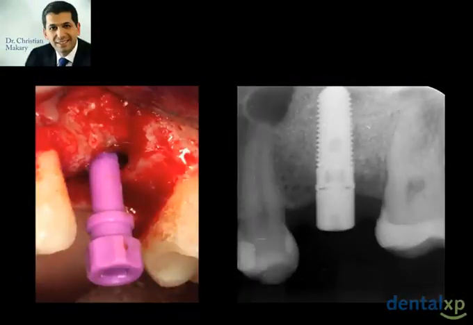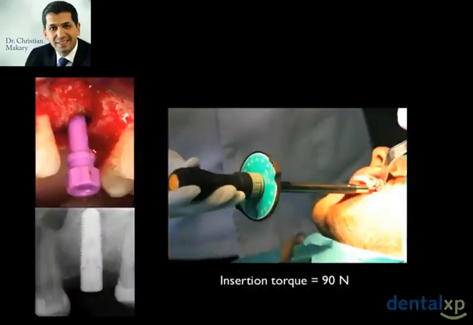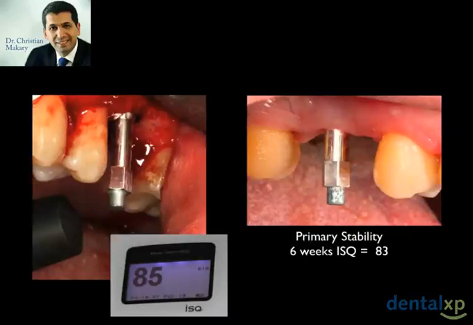This is why this can allow us the placement of an implant, and this implant was placed with a very high insertion torque compared to implants placed in the posterior maxilla. I had a torque of 90 Newton. Also, when I measured the primary stability of this implant, I had very high primary stability, with an ISQ of 85 at day 0, 83 at 6 weeks.